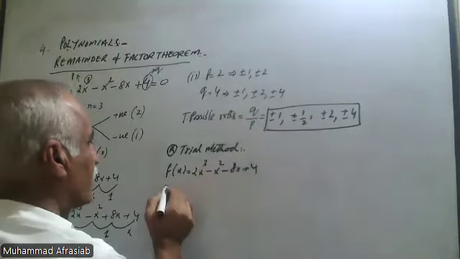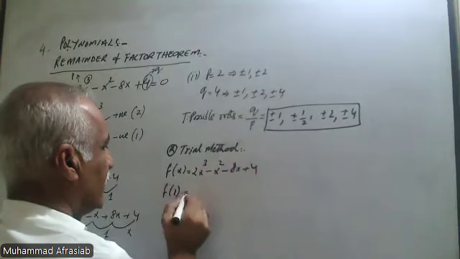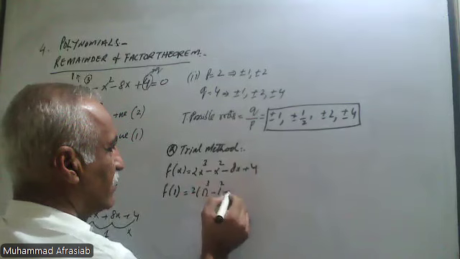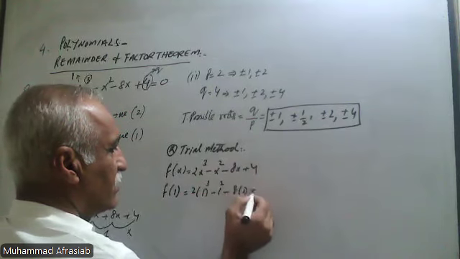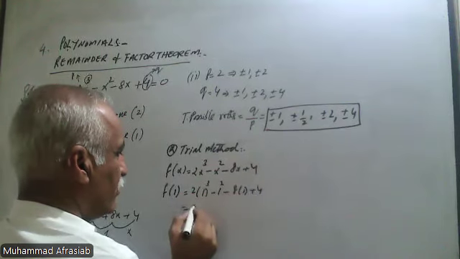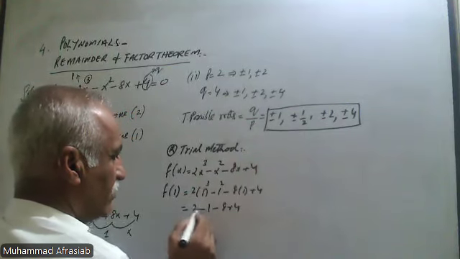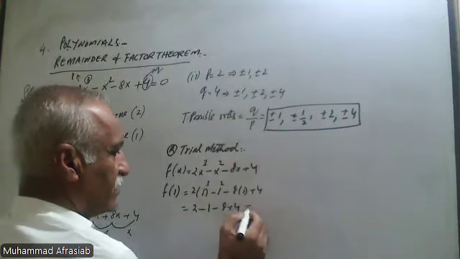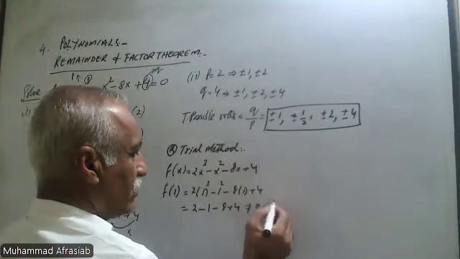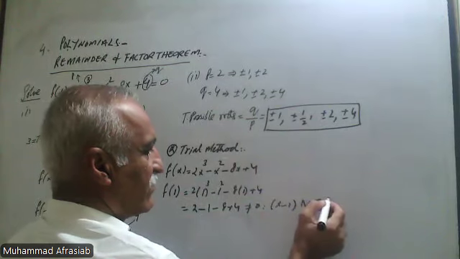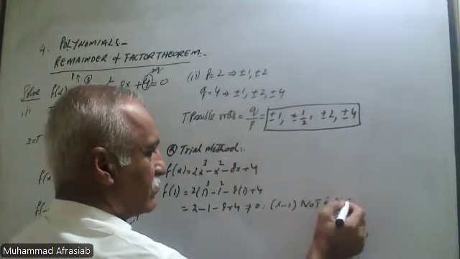You put plus 1 in it. It should be 2 into 1 cube minus 1 square minus 8 into 1 plus 4. This is going to be 2 minus 1 minus 8 plus 4, so it is not equal to 0. So x minus 1 is not a factor of this.